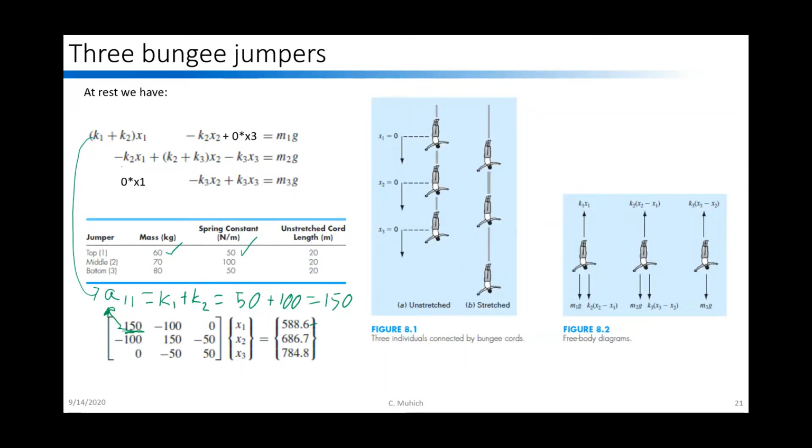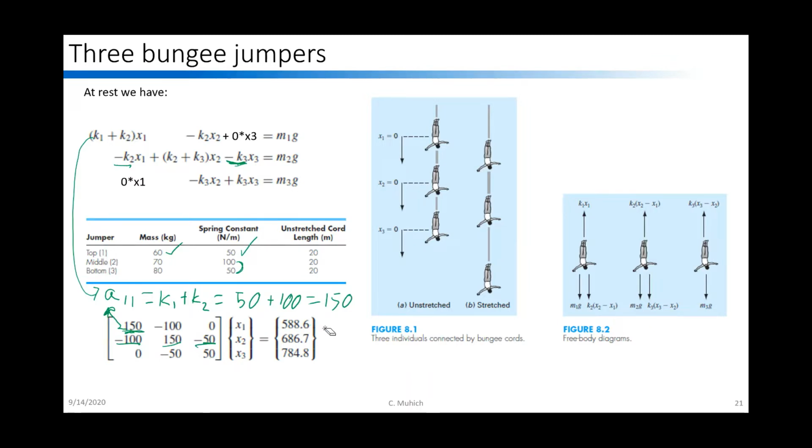And then same thing, we have negative 100 for that, negative k2 for that second row first column, k2 plus k3, which would be 150 by taking these two together for that second row second column, negative k3 for the third column from up here, that's negative 50. We see the negative 50 there. And then for that last row, 0, negative 50, 50.